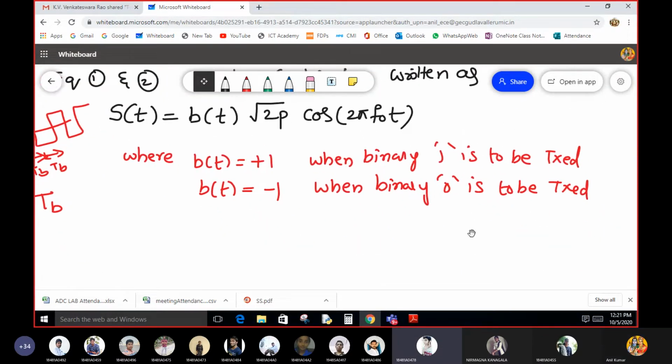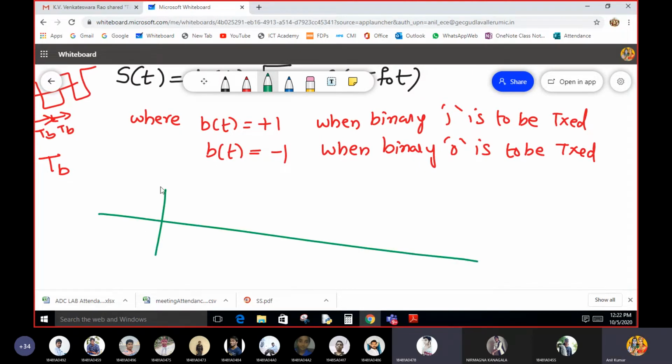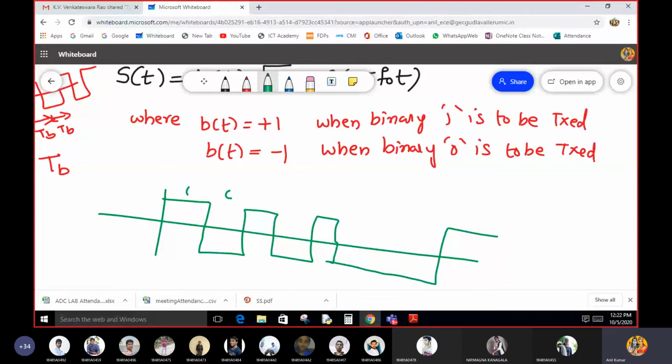Sir, b of t is represented as a function of time, so it is the amplitude of the message signal, right? This is the message signal, all of you consider this one message. Here it is 1 0 1 0 1 0 0 0 1. So your digital message signal continuously changes with respect to time.